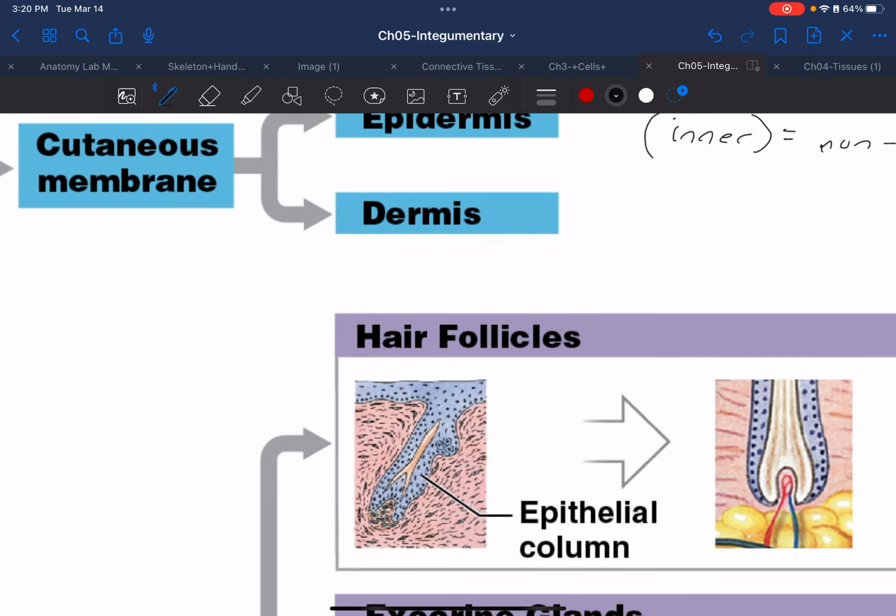Dermis is going to have two underlying layers. One's going to be called the papillary layer, and the other one's going to be called the reticular layer.